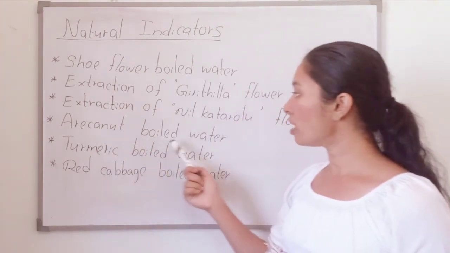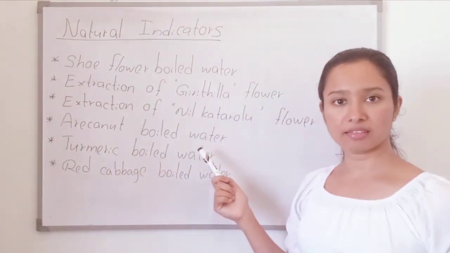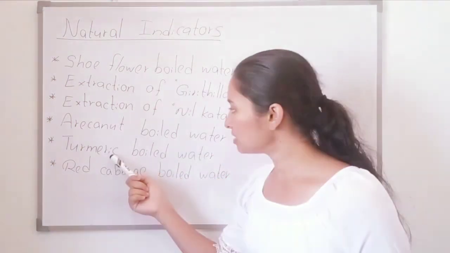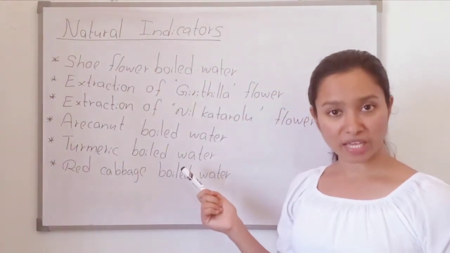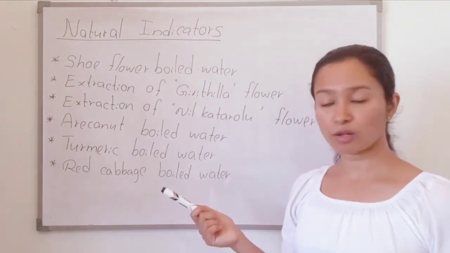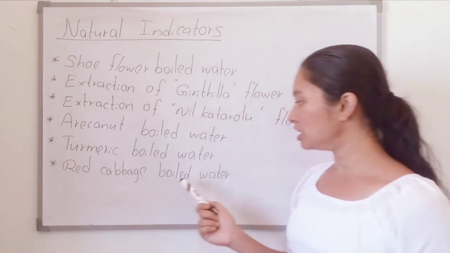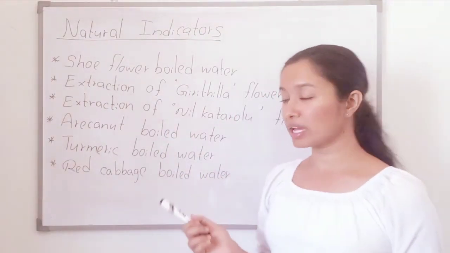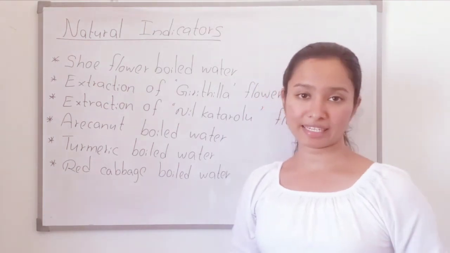Then arecanut boiled water. We can take some arecanut, boil it and take the solution. Then turmeric boiled water. You can take some turmeric and boil it, then take the solution. Then red cabbage boiled water. By preparing these indicators, you can get different colors of indicators.